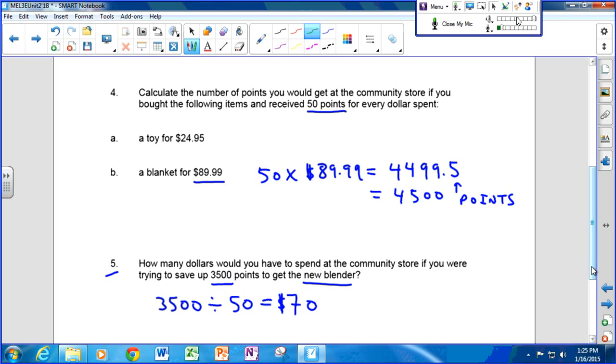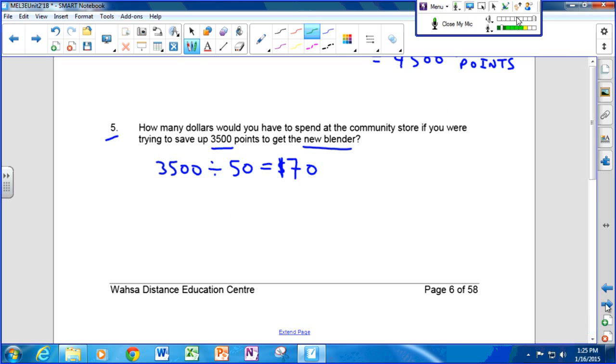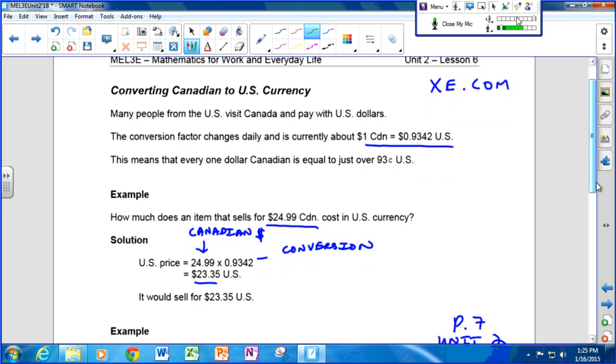Now, the other thing that we worked on here was converting Canadian money to U.S. money, and vice versa, right? You need to know the conversion factor.